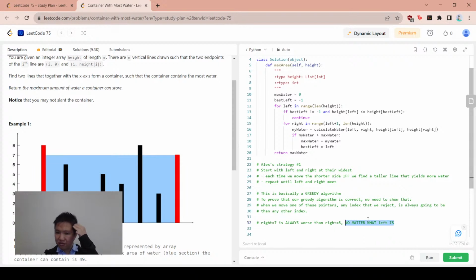If you're rejecting something for right based on a left, and it turns out they can pick another left where this right that you rejected is actually better than your original right, then your greedy algorithm fails. That's how a greedy algorithm fails. You reject paths that at first currently look suboptimal, but in the long run are actually optimal and actually the correct answer. So we want to show that right equals to 7 is always worse than right equals to 8, no matter what left is.